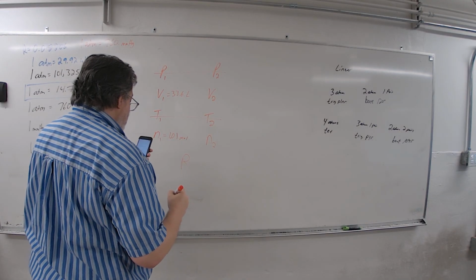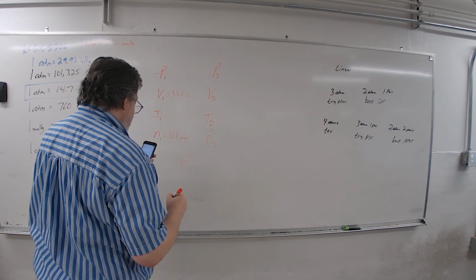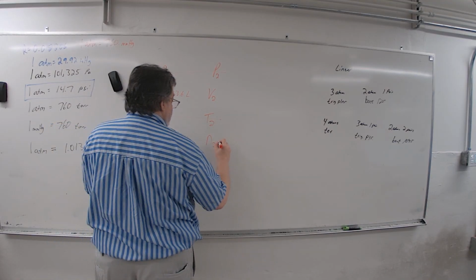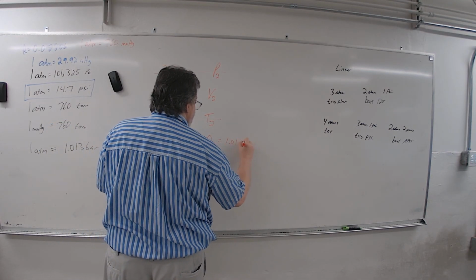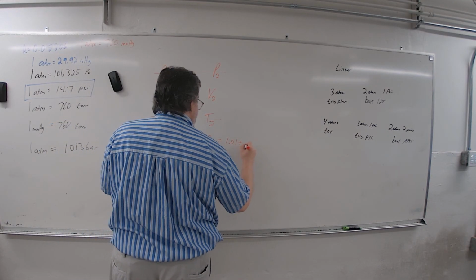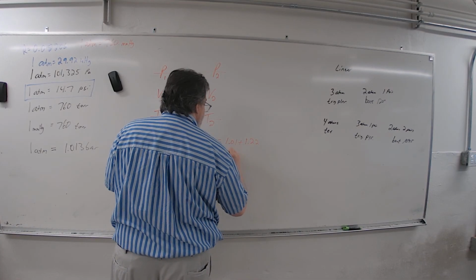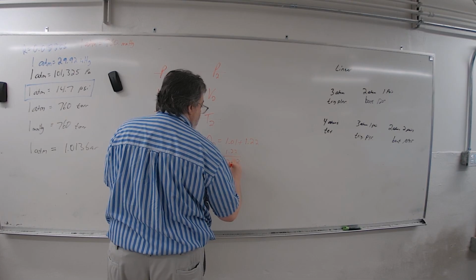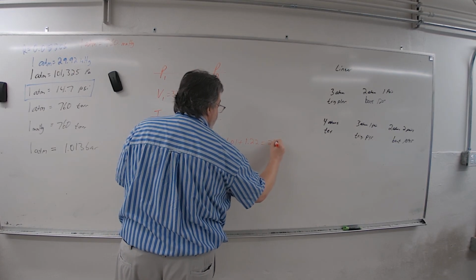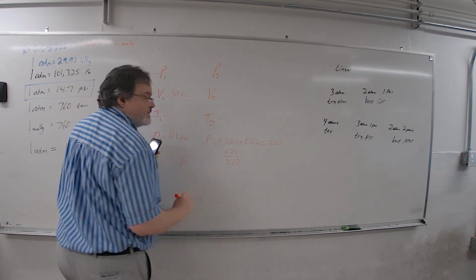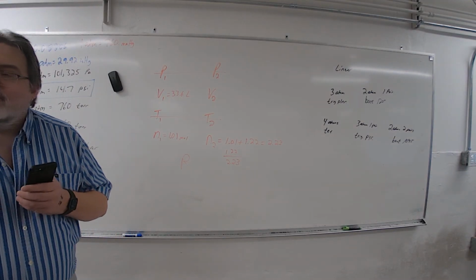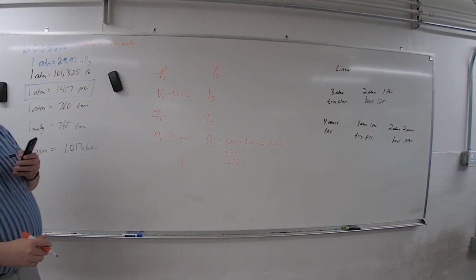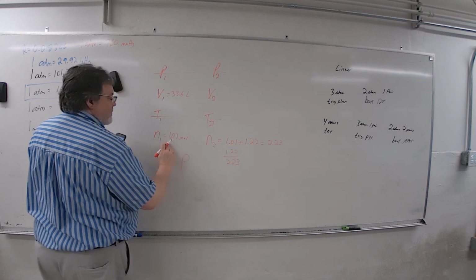If 1.22 moles of gas are added, we end up with 2.23 moles of gas. I added 1.22 to 1.01.